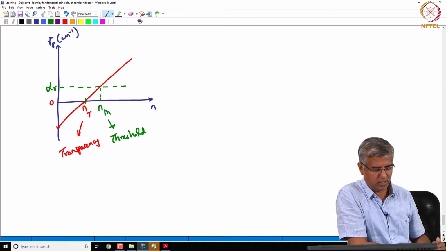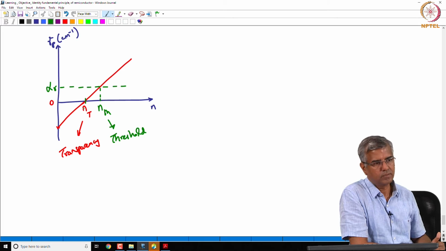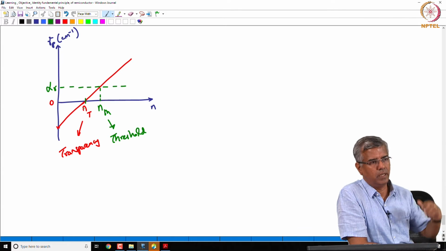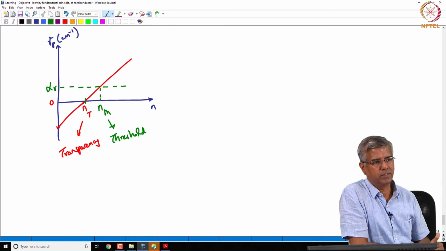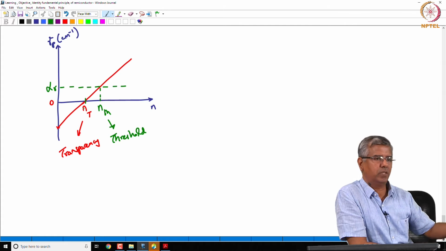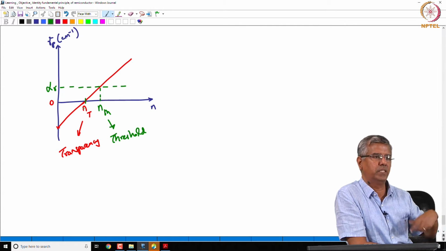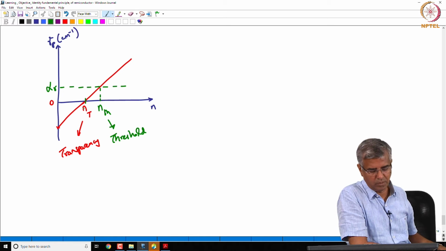So, that's the extraneous losses that we are talking about. N is the electron density in the conduction band, and effectively you are tracking that because those are the ones that are going to give you potentially this recombination and give you stimulated emission or gain.